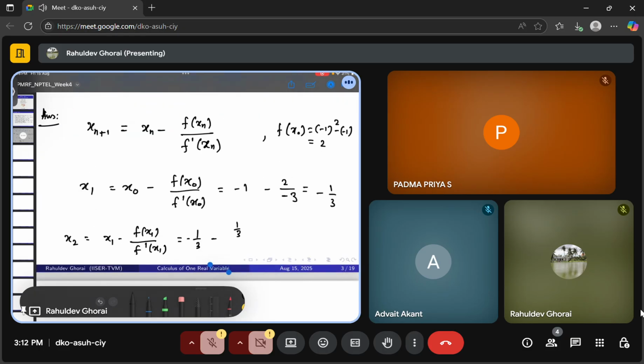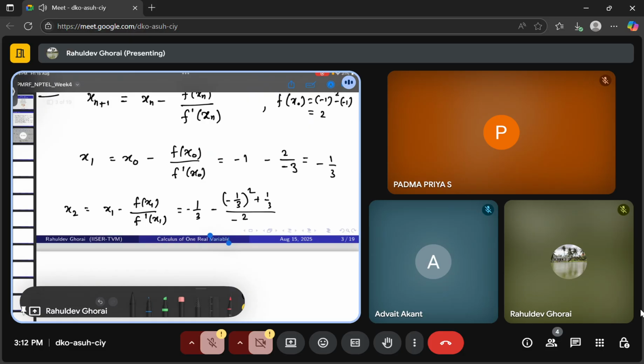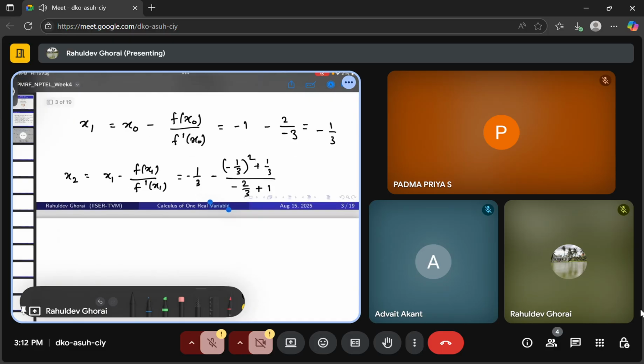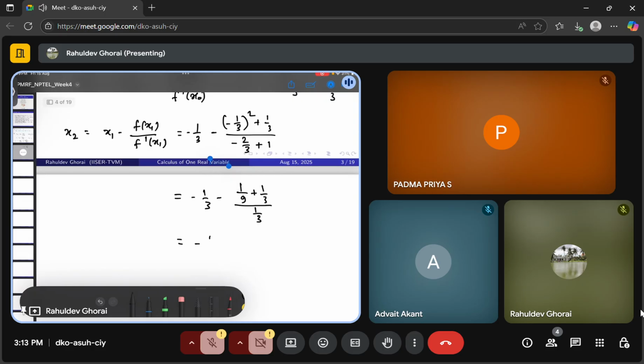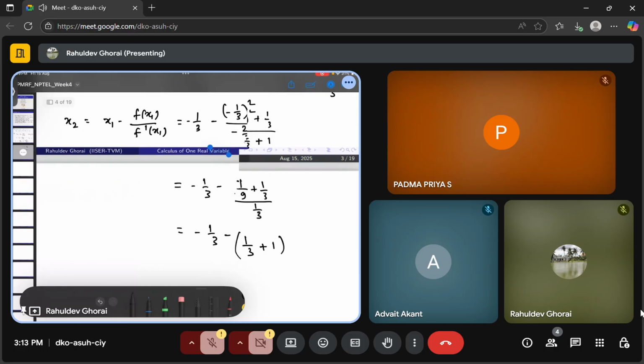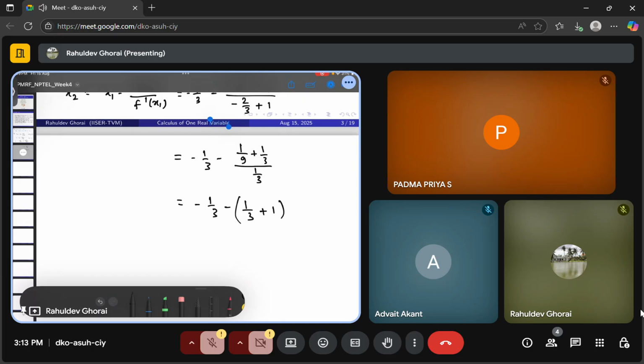It will be (1 by 3) whole square plus 1 by 3, over 2x minus 1, which is minus 2 by 3 minus 1.